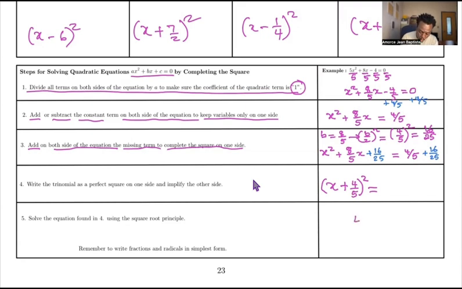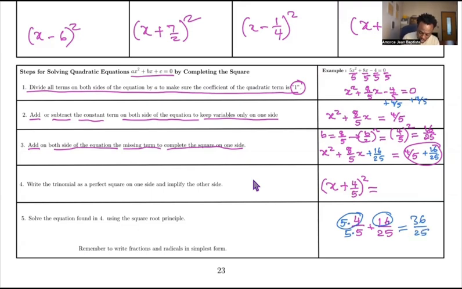That is 4 over 5 plus 16 over 25. If we multiply by 5, 25 is the common denominator. So that's 20 over 25 plus 16 over 25. So that is 36 over 25.